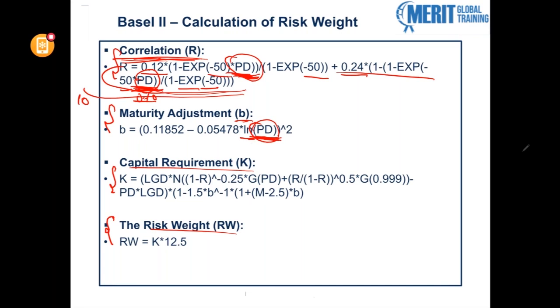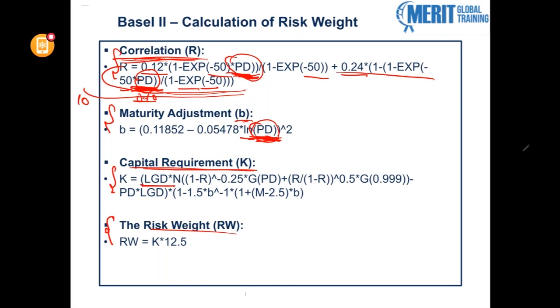Okay, another thing is the same PD that you apply here is what you are going to apply to this formula. It is the risk engine that does this as well. And this is where it is very important to understand this concept. We have capital requirement K. Now we allocate LGD, we bring in our loss given default.